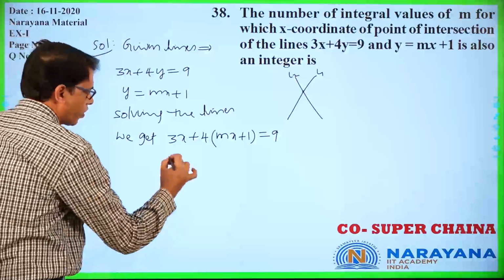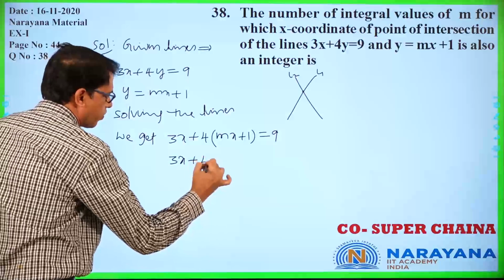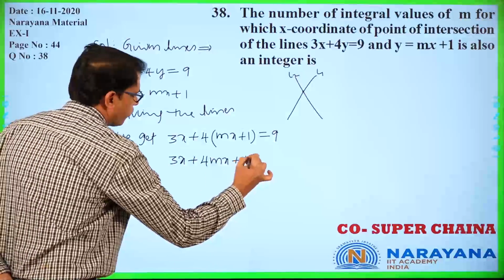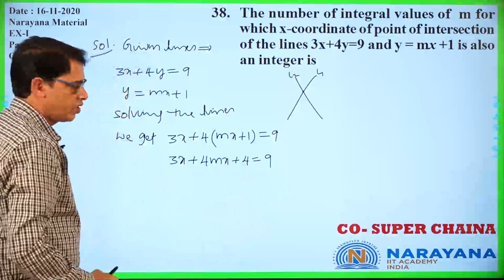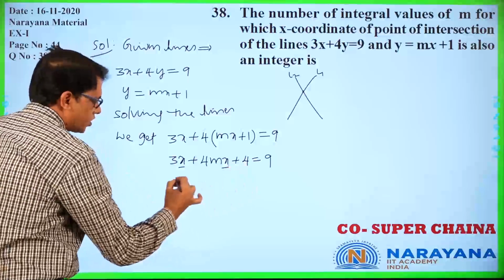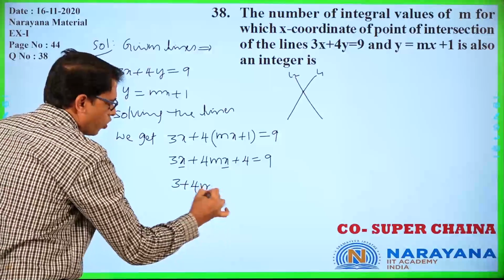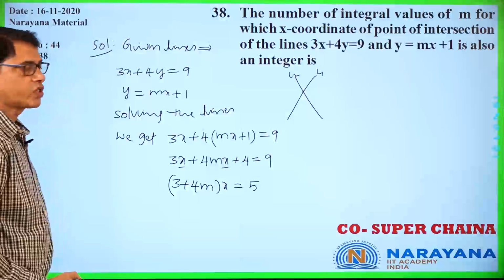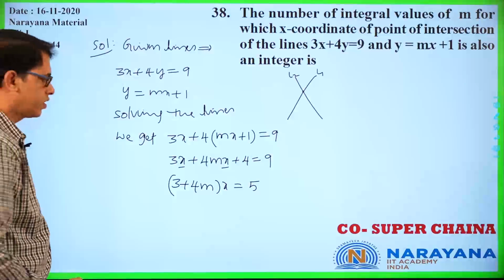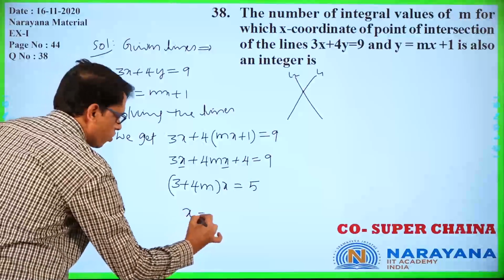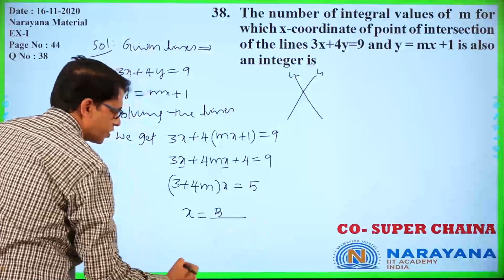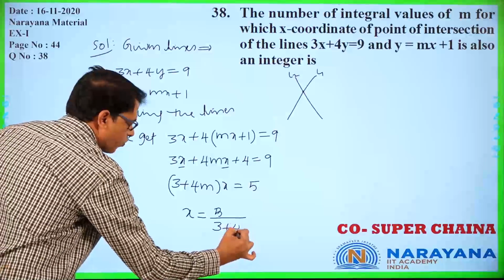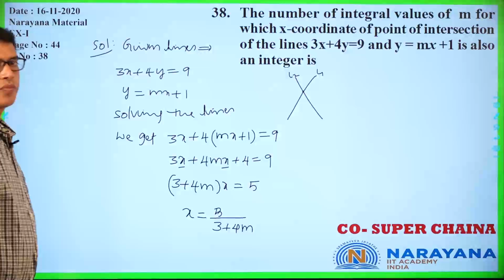From this, 3x + 4mx + 4 = 9. Here x common, then (3 + 4m) x = 5. So from this, the x coordinate is 5 upon 3 + 4m.